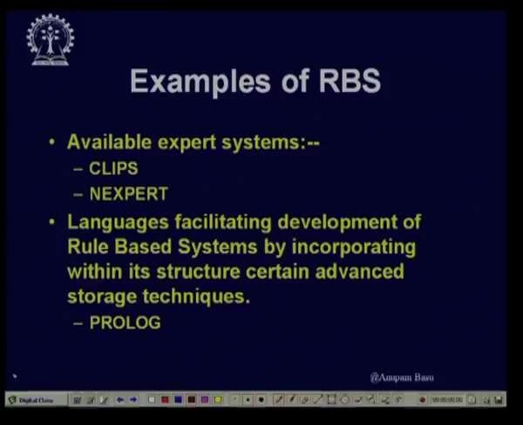So, where we really need some expert's knowledge, for example, the job of a doctor, where we really need domain specific expertise, we cannot always write a program and diagnose a particular patient.